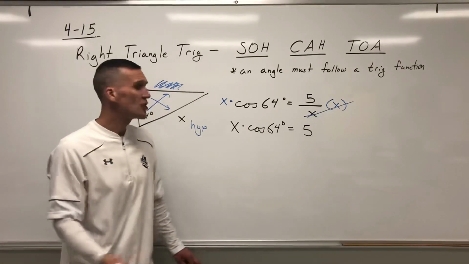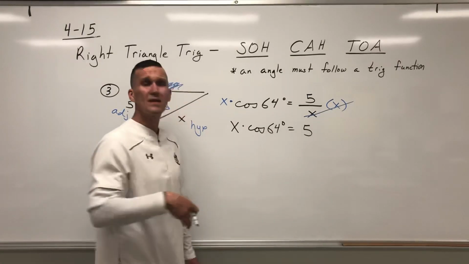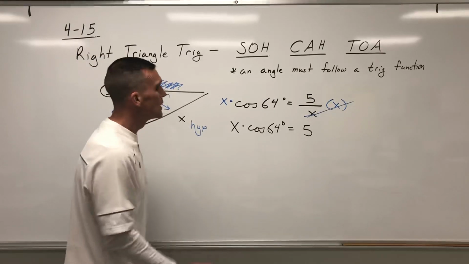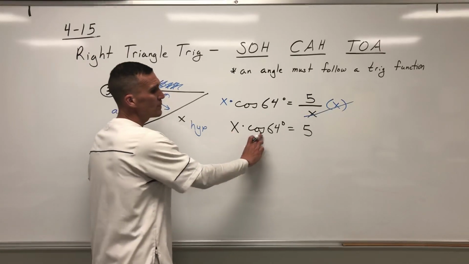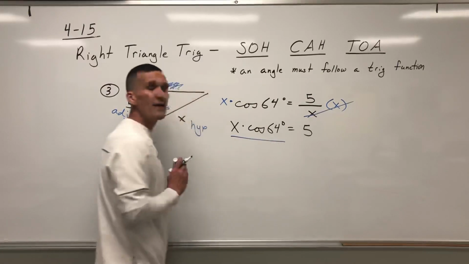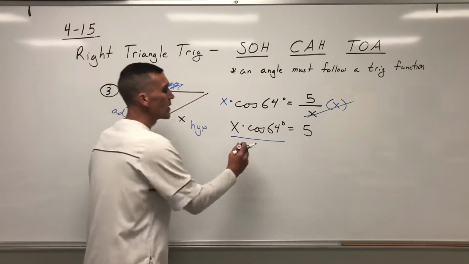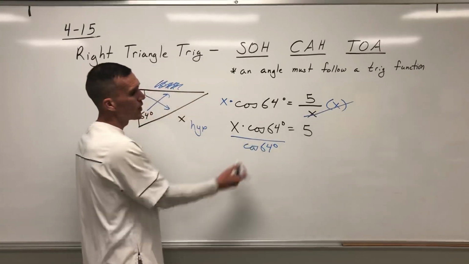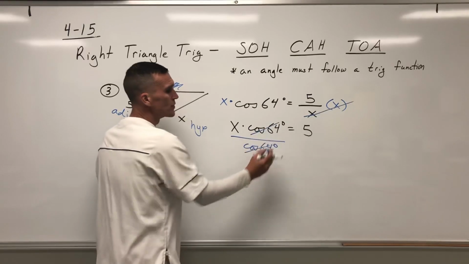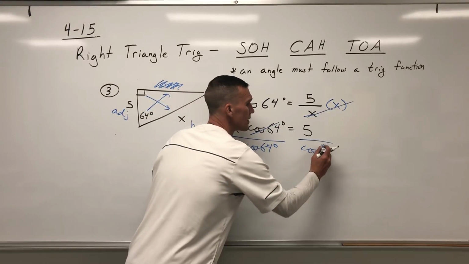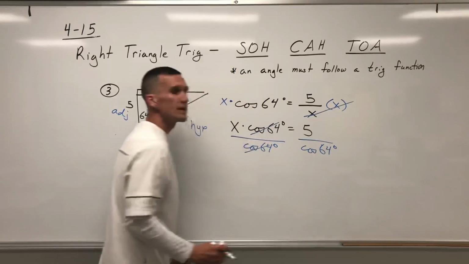But remember from your geometry days, you can type in the cosine of 64 degrees in your calculator, and it's just a decimal number. So in order to get rid of times a decimal number, I will divide by that decimal number on both sides. So I'll divide by the cosine of 64 degrees. On the left side, they will reduce or cancel, but I have to also divide on the right side.